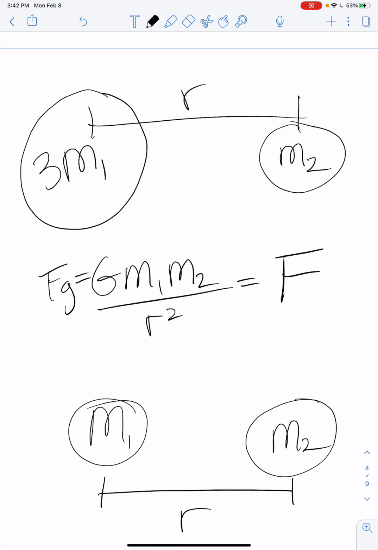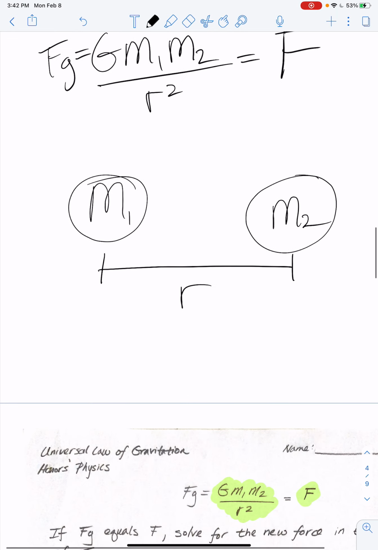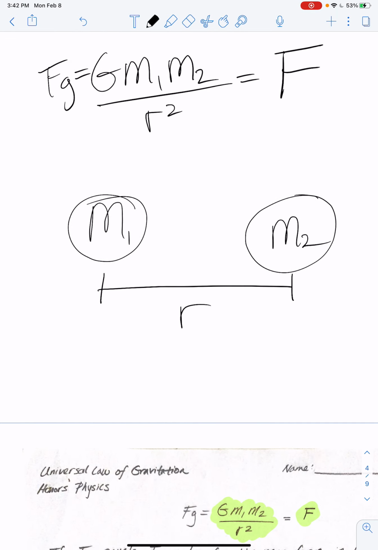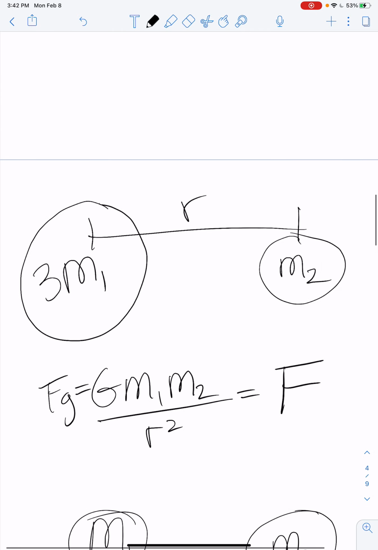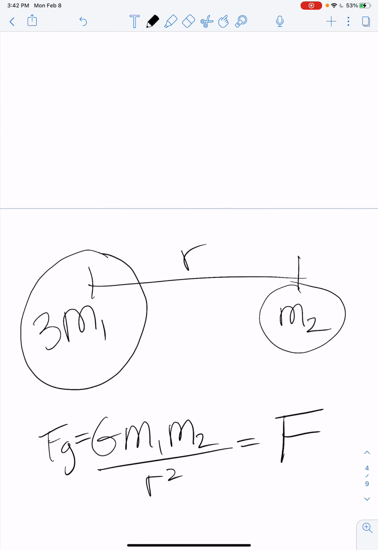We want to know how that affects the force. Before, Fg was equal to F. But now we have a new Fg, so I'll write it up above: Fg new.